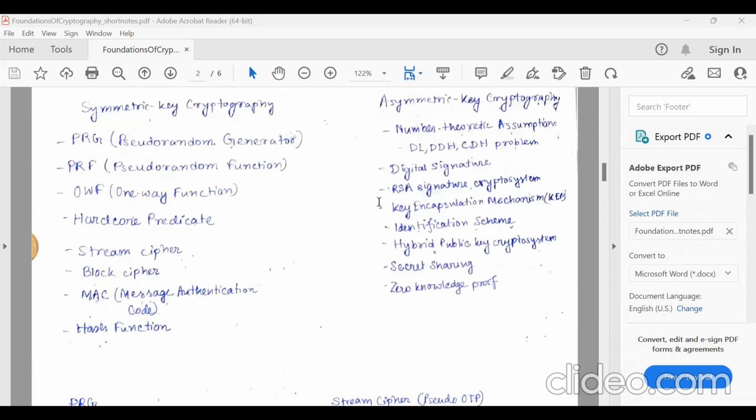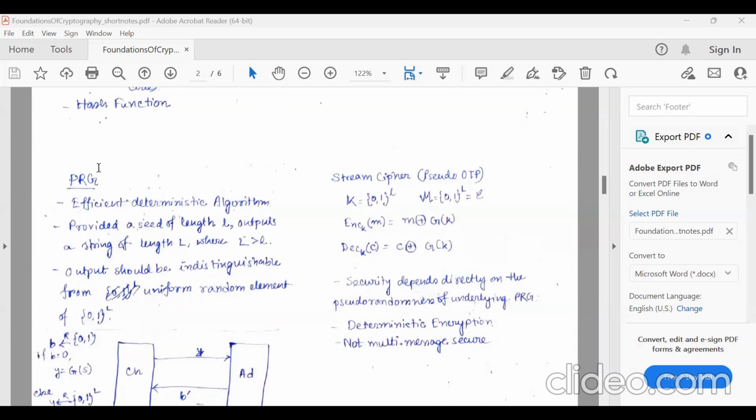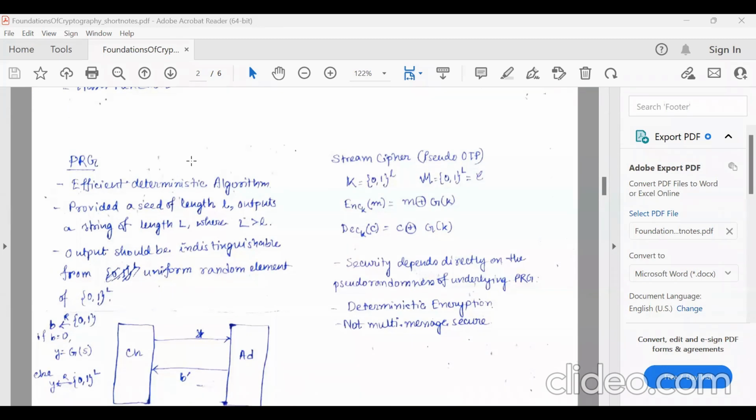Okay, so we can use PRG in the case of a stream cipher. We just discussed OTP a few minutes ago. In OTP, which achieves perfect security, we encrypt the message by doing M XOR K, where K is a randomly generated key string which has the same length as M, right?